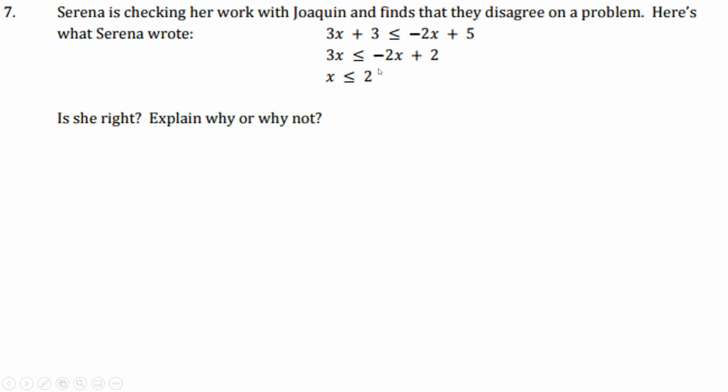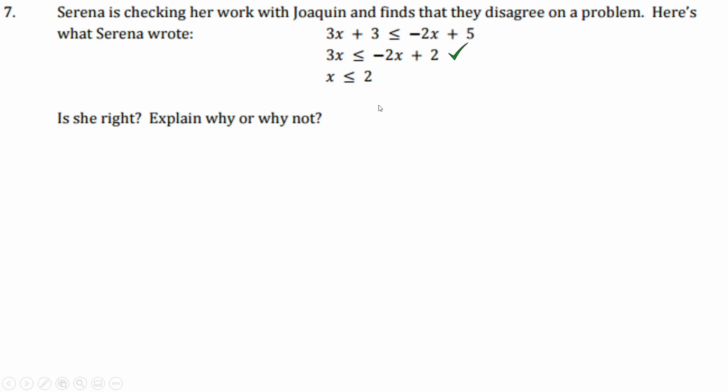Well, that plus 3 is no longer on the left, so it looks like she subtracted 3 from both sides. 3x plus 3 minus 3 is 3x, and on the right, negative 2x plus 5 minus 3 would be negative 2x plus 2. So that works. Looking good so far, Joaquin.